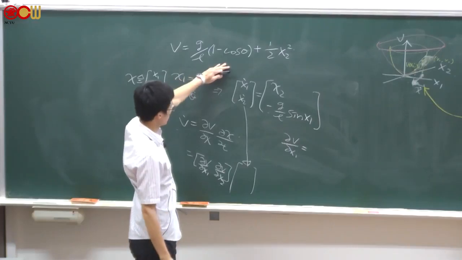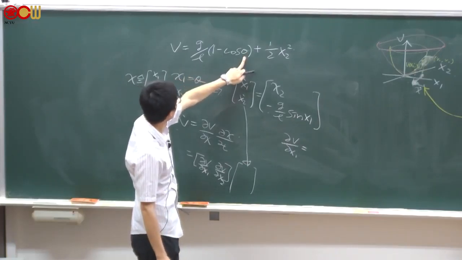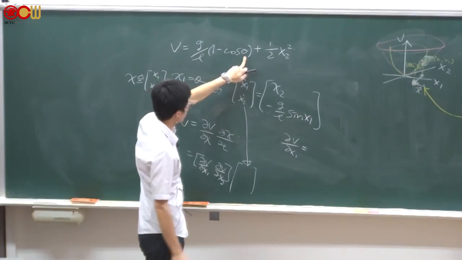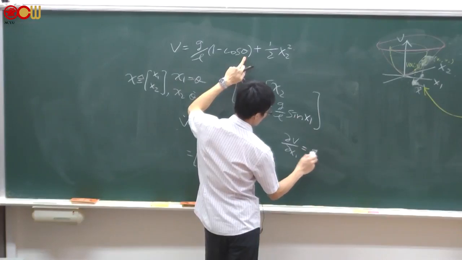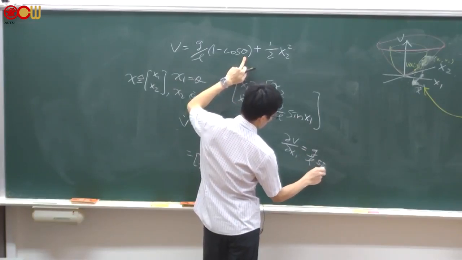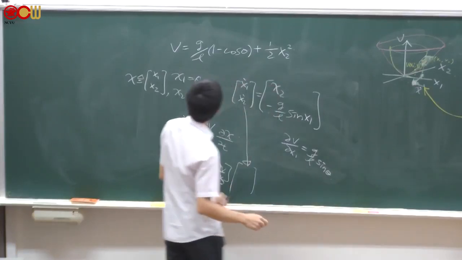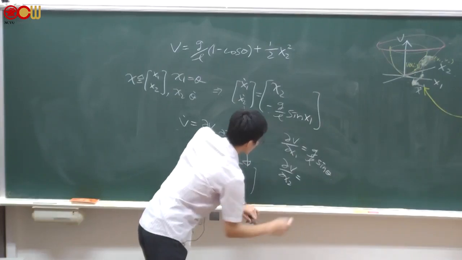What's this? The derivative with respect to x1. This is x1. So there will be g over L sin theta. Correct me if I'm wrong.